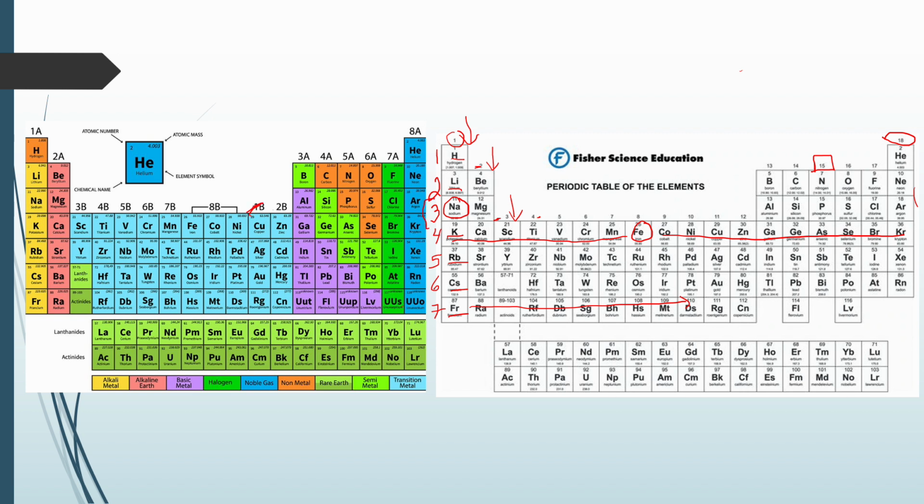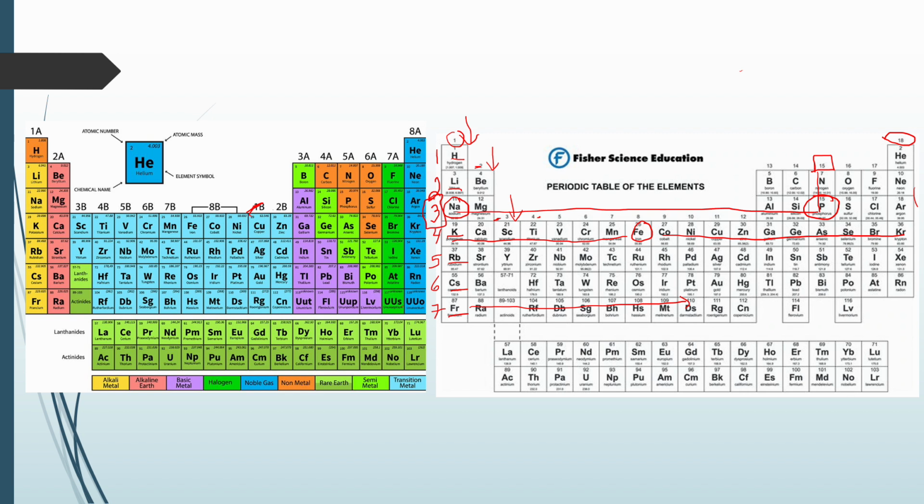Period 3, what element would that fall at? Well, you would move across the period, move down the group or family, and that lands right here at phosphorus, indicating that group 15, period 3, you would have the element phosphorus.